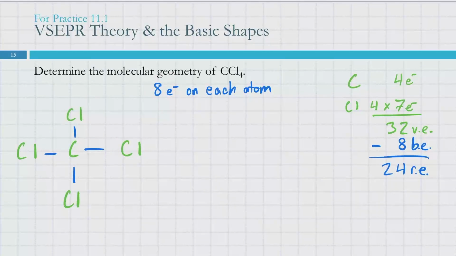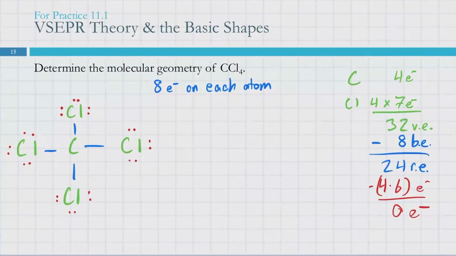We can add 6 to each, and since we've got 4 of them, 6 times 4, that will place the rest of our 24 remaining electrons. Okay, so that's all of our electrons placed, and now we've got full octets as well.